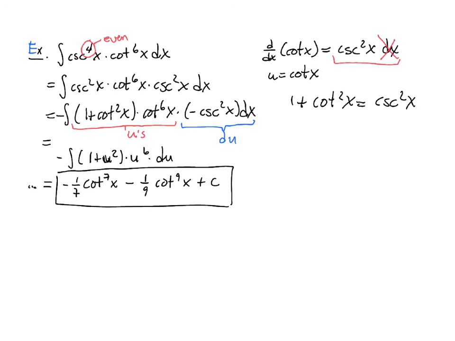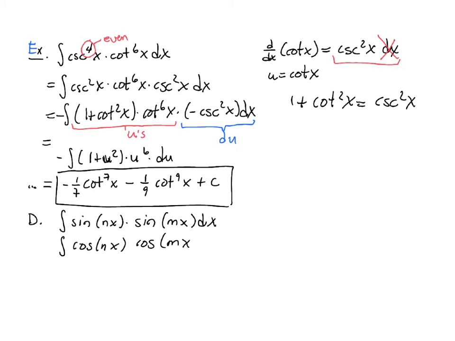The next form that we have, form D, and this is the last one that's written explicitly in the notes, is things of the form antiderivative of sine nx times sine mx dx, antiderivative of cosine nx cosine mx dx, or antiderivative of sine mx cosine nx dx.